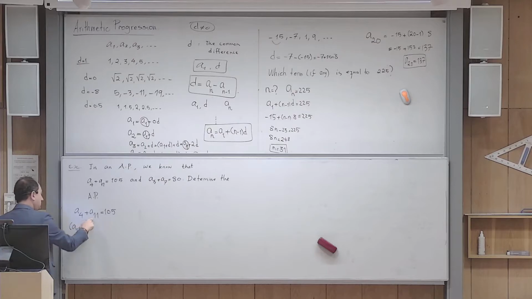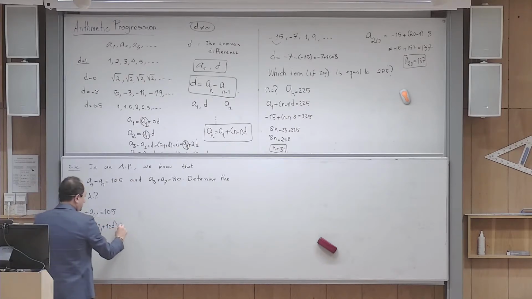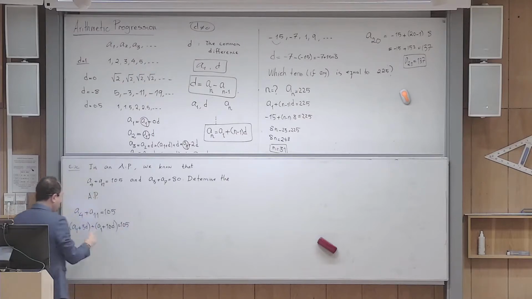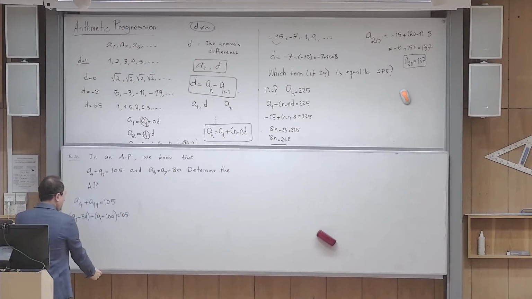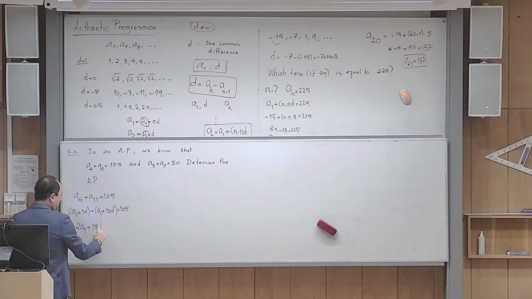And then instead of a11, I can write again a1 with one less, which is 10d. And then this is equal to 105. I simplify this a little bit. I have one a1 here, another a1 here, so this becomes 2a1, and then I have 13d equal to 105.